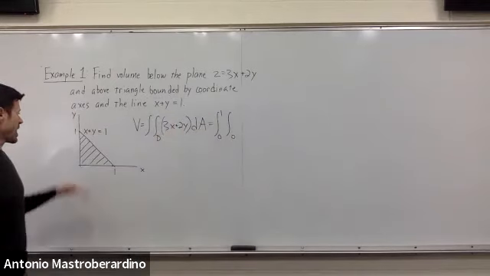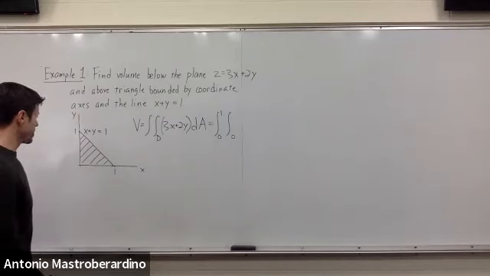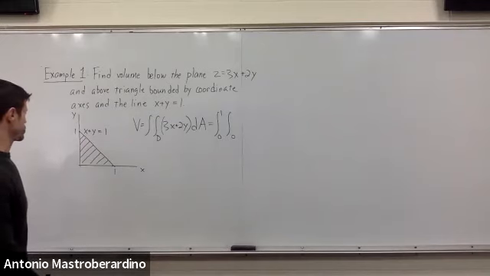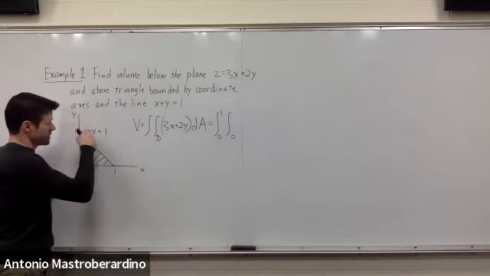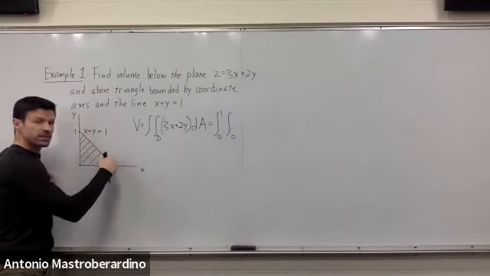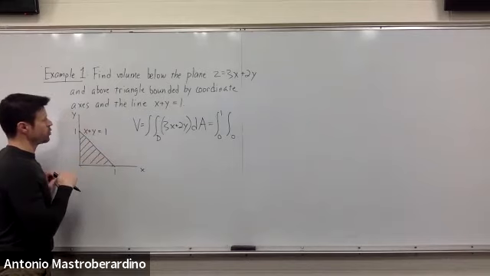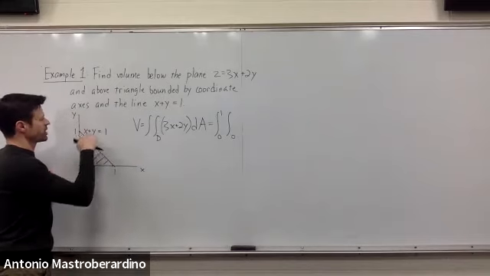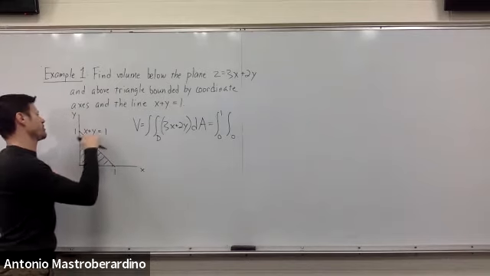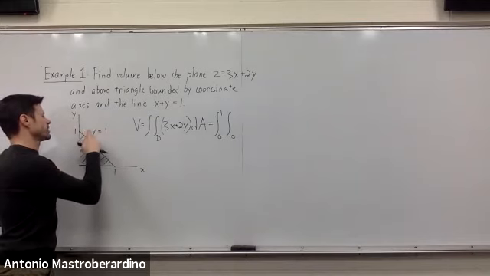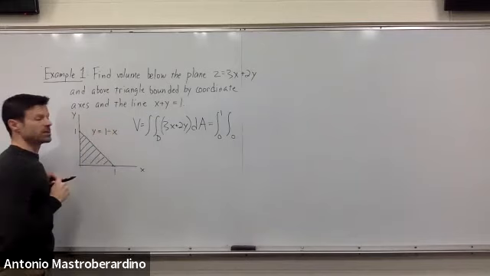Okay. And as far as the upper limit of integration is concerned, here is our upper limit, okay? And we want this upper limit to be y as a function of x. And so I can rearrange this form of the line to subtract x from both sides. I can describe this line segment as y equals 1 minus x.